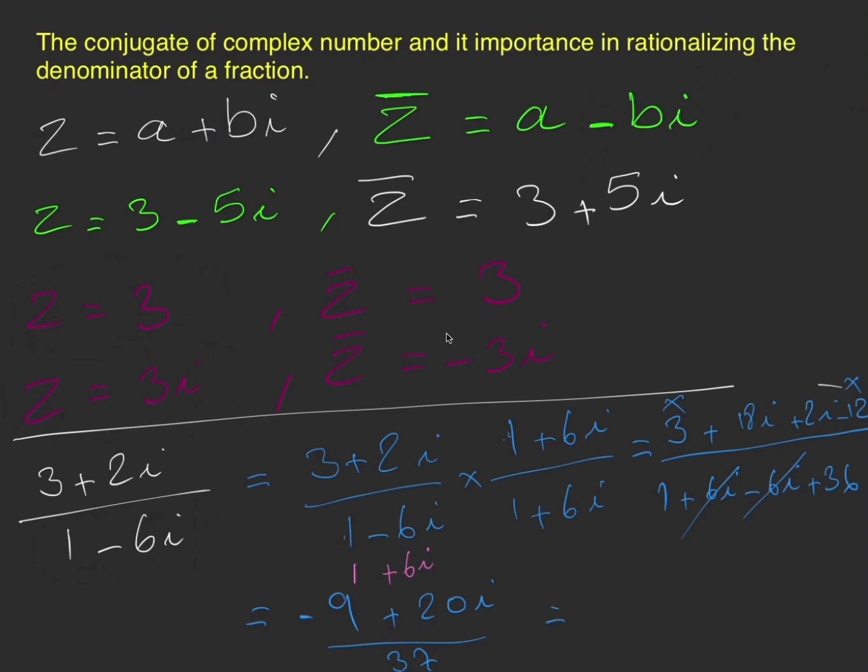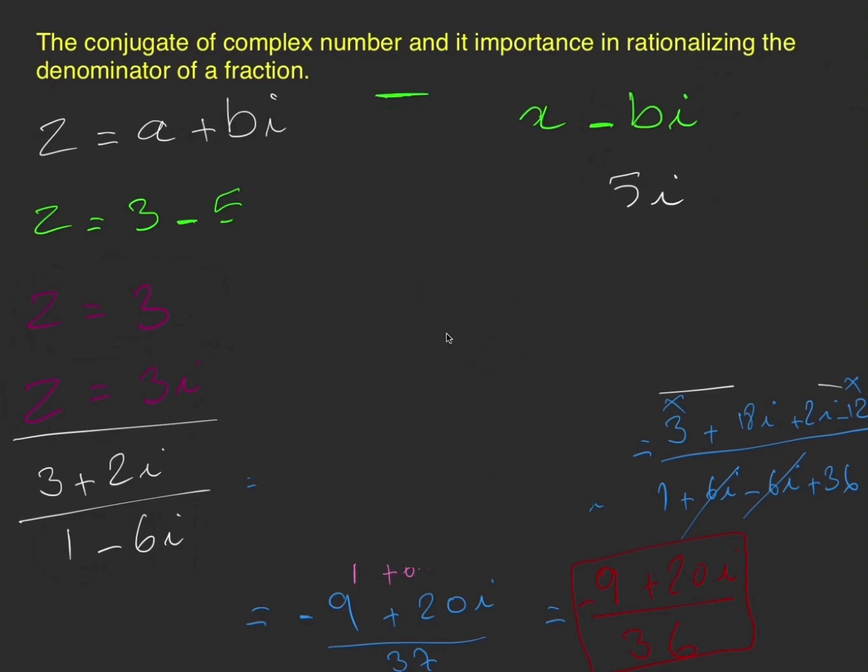So we have, let's write in another color so it looks nice and shiny, minus 9 plus 20i over 37. So we see we don't have i anymore in the denominator, we just have real numbers. So this is the way we can use the conjugate.